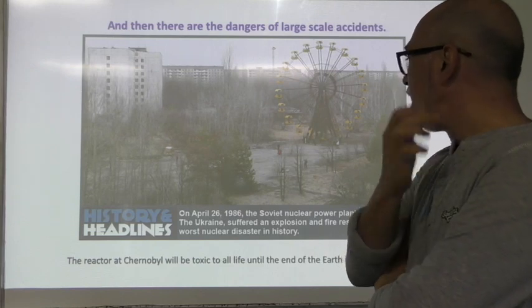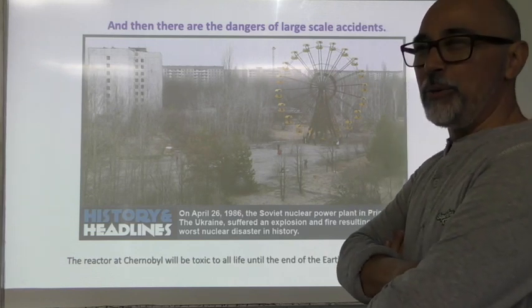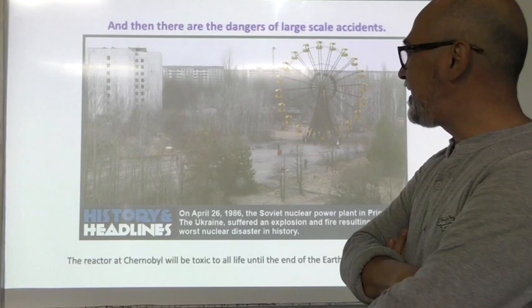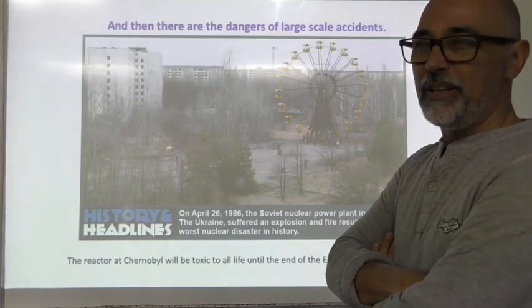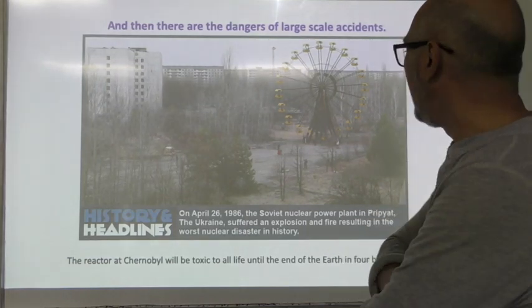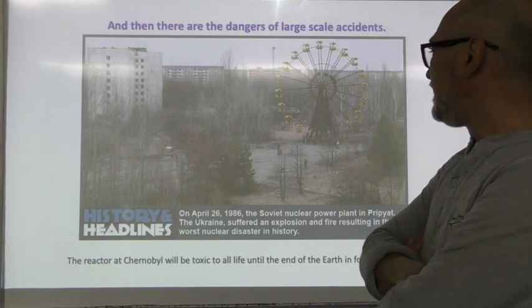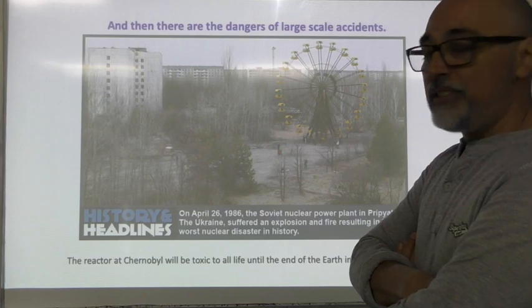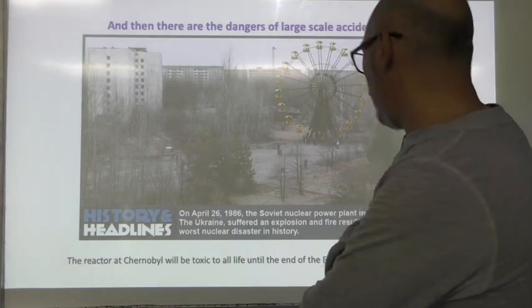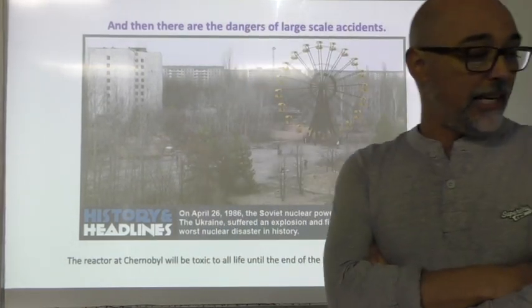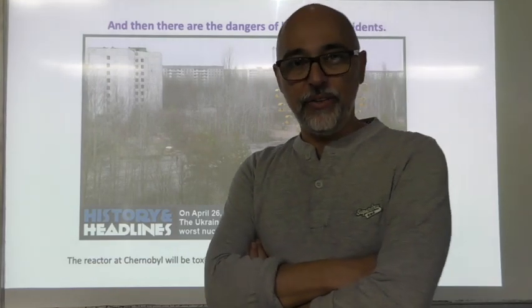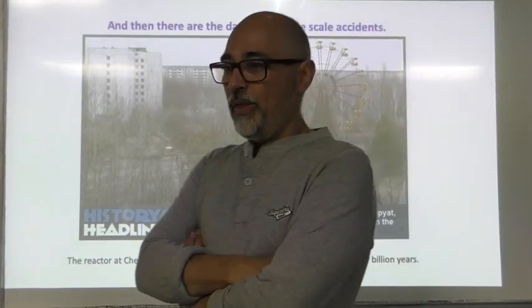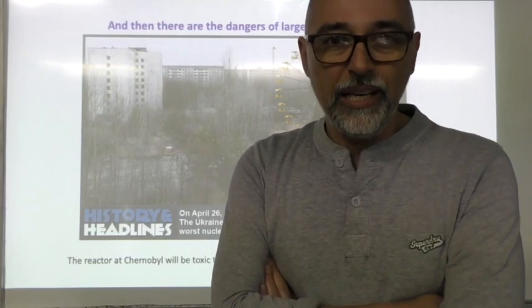And so you can kind of do a touristy thing there just to see the freakish sight of a completely empty town. But yeah, you can't live there, definitely not. And the reactor itself will be radioactive and dangerous until the end of the Earth, basically. See, that's kind of the scale that you're looking at when you're talking about nuclear accidents.